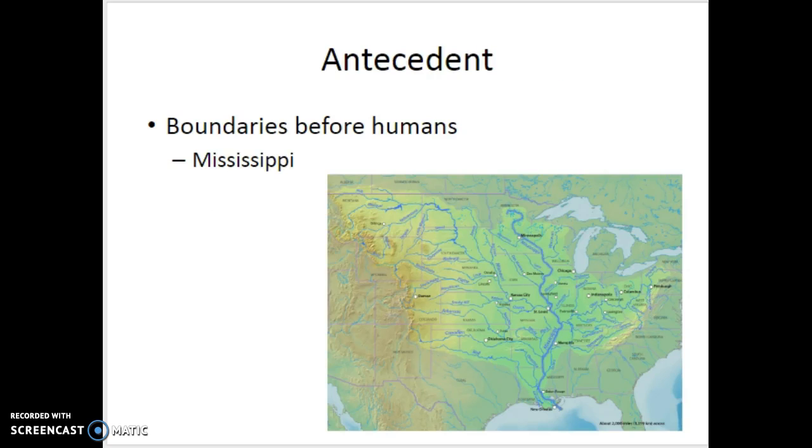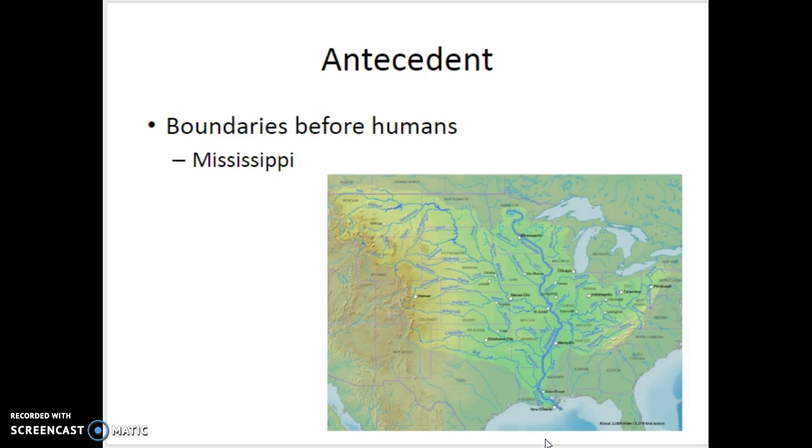First category we classify is antecedent boundaries. And these are boundaries that actually exist even before human beings. So on the screen right now, another example of a physical boundary, we have the map of the United States, and featured right here, we have the Mississippi River. The Mississippi River, of course, is a physical boundary, but it was there before even human beings started to settle the area.